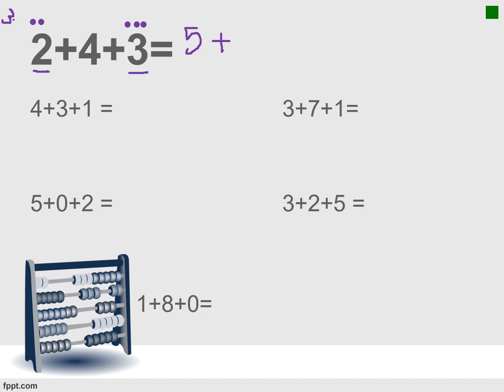So what number are we left with? Number 4. So yeah, we will write number 4 here. And 5 plus 4 is 9.